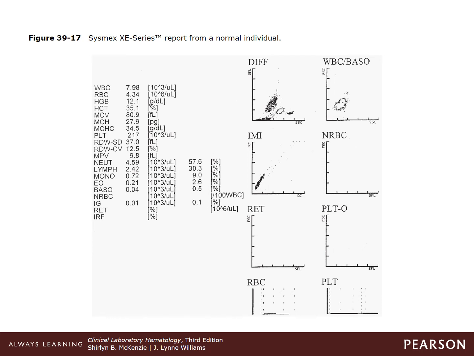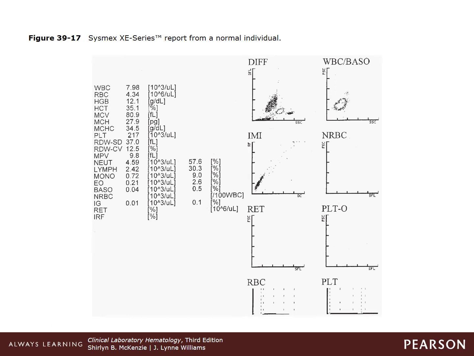In Sysmex analyzers, hemoglobin is measured in its own channel using the sodium lauryl sulfate method. Here a portion is diluted with a lytic agent that converts ferrous iron to ferric iron, forming methemoglobin, and this is measured through spectrophotometry.